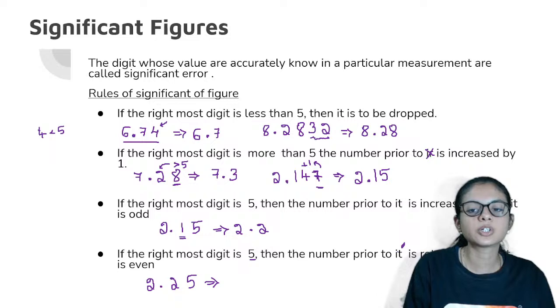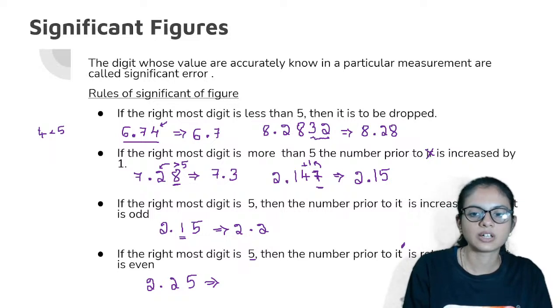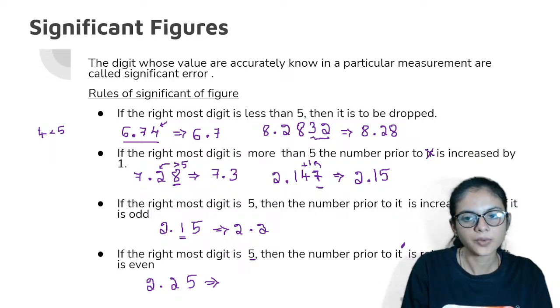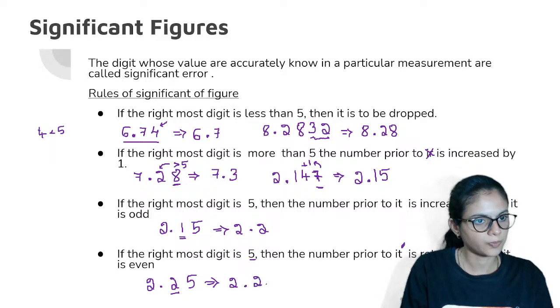Then the prior number is increased by 1 if it is odd, or it is retained as it is if it is even. Now 2 is an even number. I'm going to retain it, but I will drop this 5 and I can write the answer as 2.2.